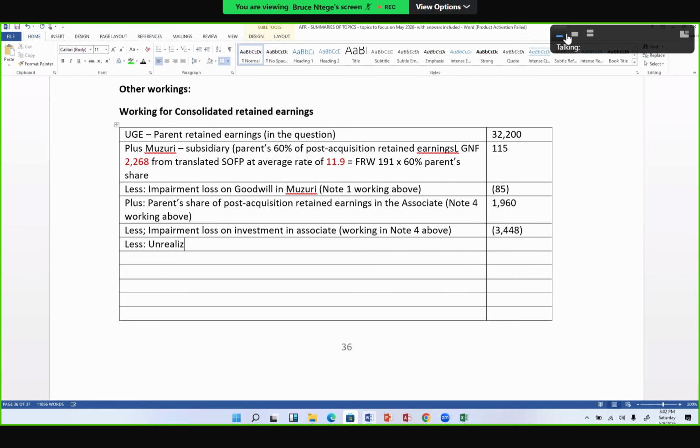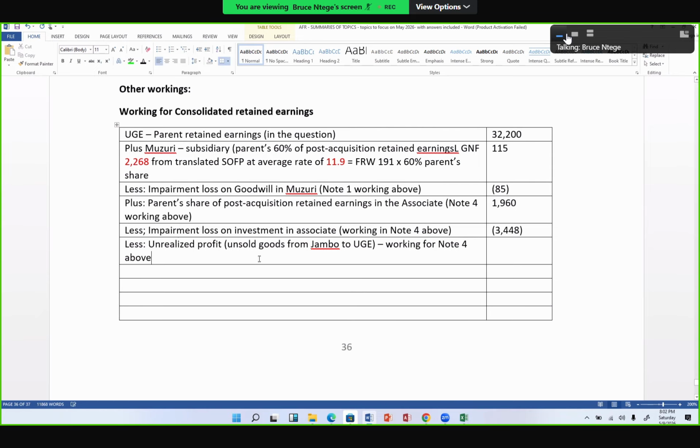Okay, and this is coming from the unsold goods which were sold from, say, Jambo, the associate, to UGE, the parent, which is based on working 4 above. So a debit is a minus, so 105, I'll take it off the retained earnings.